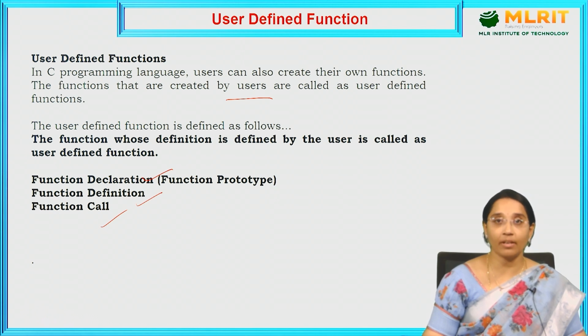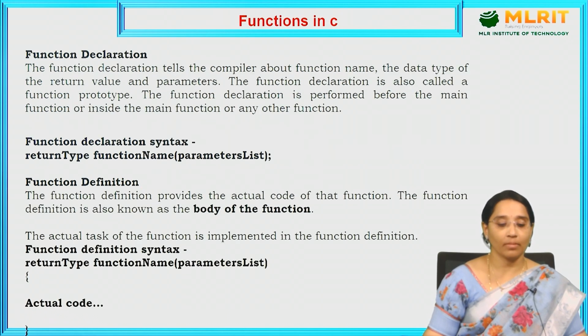Whenever a function call is seen by the compiler, the control will directly jump to the function definition, which means it will check where exactly the user has defined that code in the program. The function definition is written after the main function.